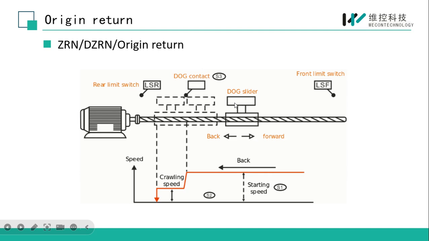As we can see in this picture, when the object makes the origin return move and the DOG signal is received, the speed will change from starting speed to crawling speed, and when the near point signal disappears, the PLC stops the pulse output.